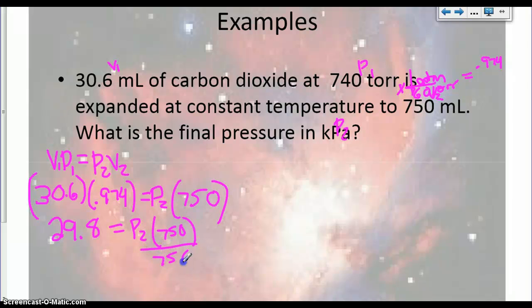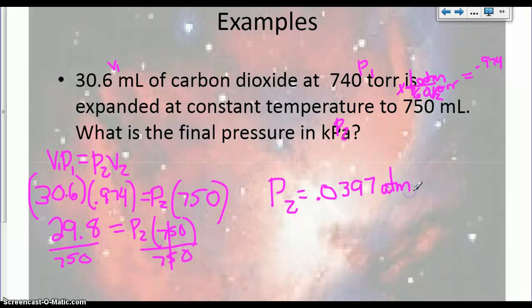Divide by 750 on both sides. And that gives us a pressure 2 of 0.0397.